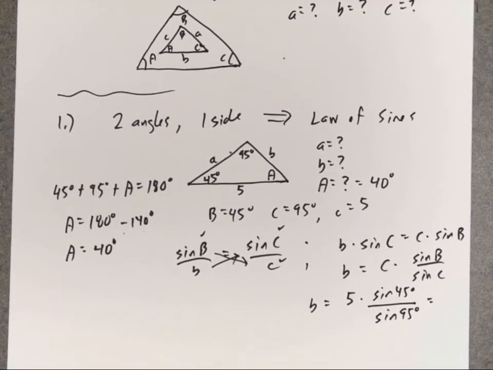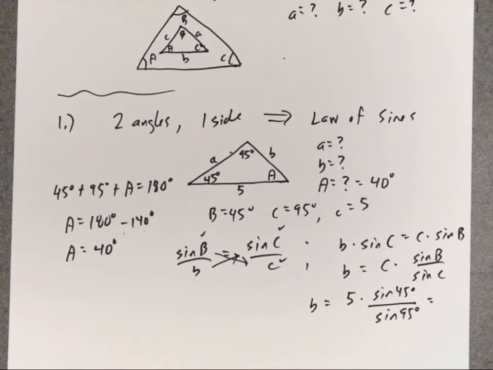So here's the calculation. Grab your calculator, make sure you're in degrees. So 45 sine divided by 95 sine times 5. Let me round it to 2 digits.